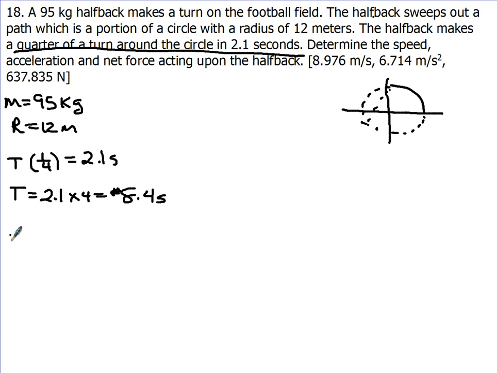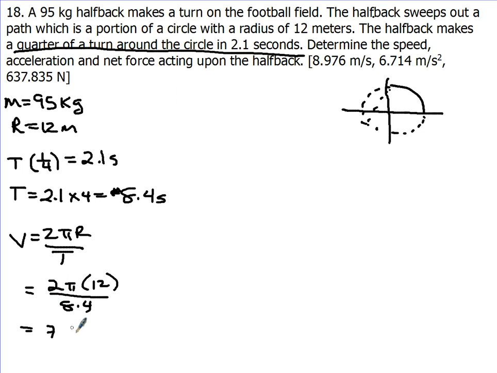All right, let's find the speed. V is 2 pi r divided by the period. So this is 2 pi, the radius is 12, divided by the period of 8.4. Let's see, 2 times pi times 12 gives me 75.398 divided by 8.4.